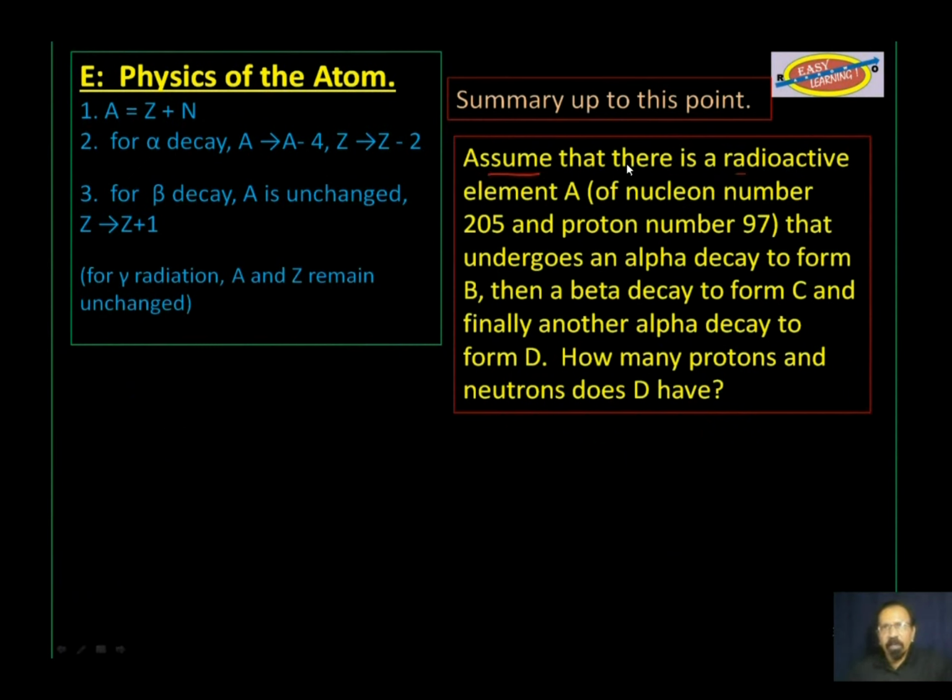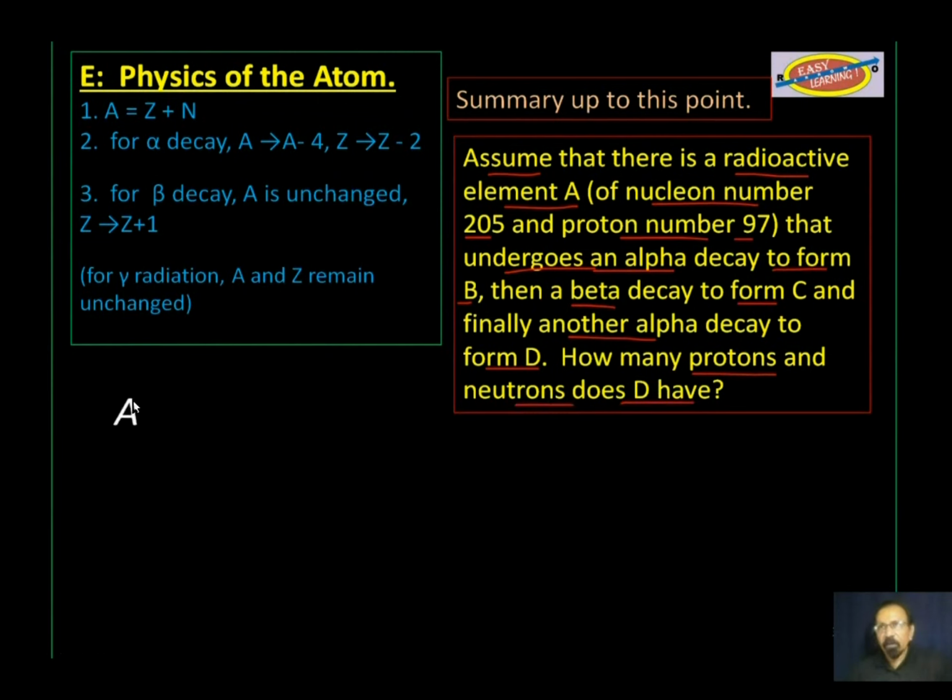Assume that there is a radioactive element A and it has nucleon number 205 and proton number 97. It undergoes an alpha decay to form B, then B undergoes a beta decay to form C, and then C undergoes another alpha decay to form D. How many protons and neutrons does D have?